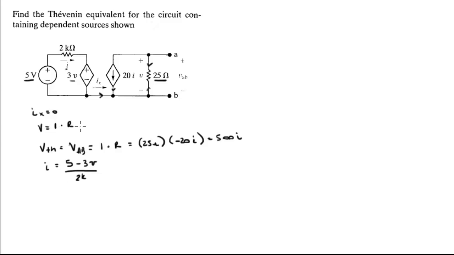As you can see, if V is equal to I times R, then I is equal to V over R. The voltage measured from here to here is given by 5 volts minus 3V. So you know that this V right here is the same as the Thevenin. So I is equal to 5 minus 3 times the Thevenin over 2K.